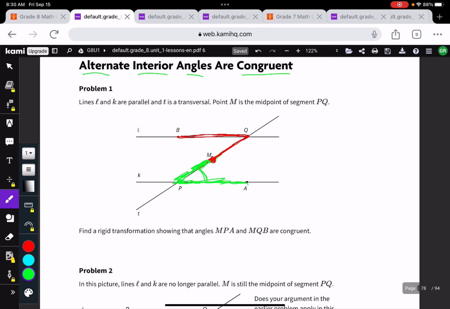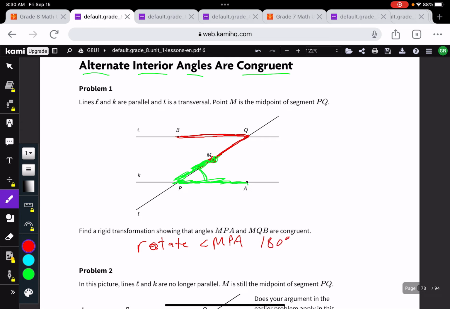If you took your tracing paper and held it over here and made this your center point right there, you should be able to say, hey, I can take angle MQA. I would say rotate angle MPA or MQB, doesn't matter, 180 degrees.